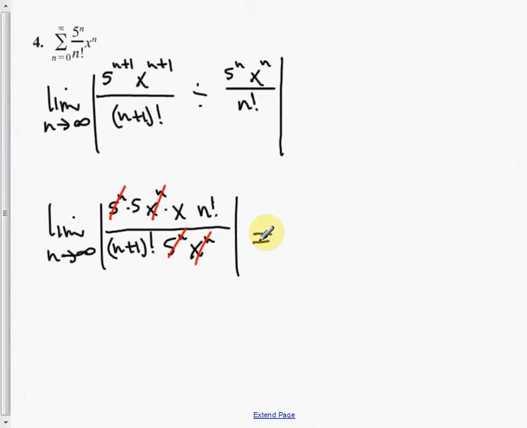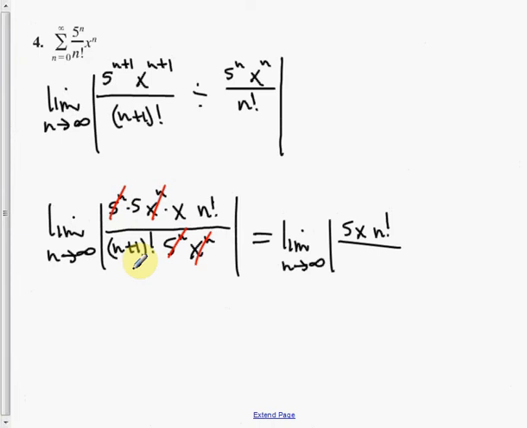But let's move on. So the 5 to the n's cancel, x to the n cancels. We have left the limit as n goes to infinity of the absolute value of 5 times x times n factorial all over n plus 1 factorial.